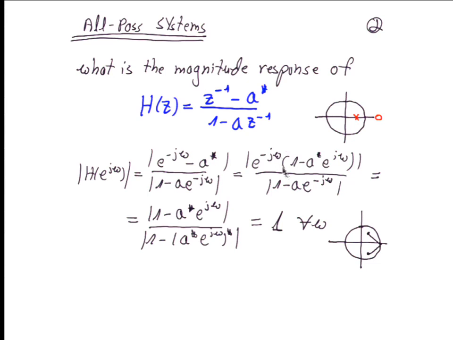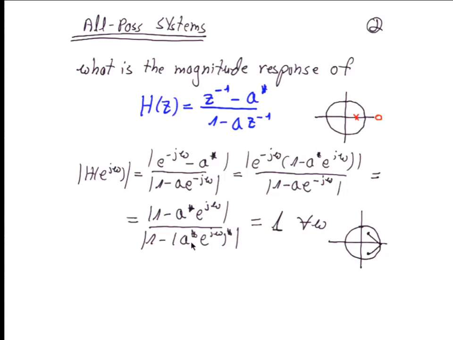I take e^(-jω) out. I have 1 minus A conjugate e^(jω), and here minus A e^(-jω). The magnitude of this is exactly the same as if I didn't have this e^(-jω). So it's really equivalent to the magnitude of this divided by the magnitude of this.